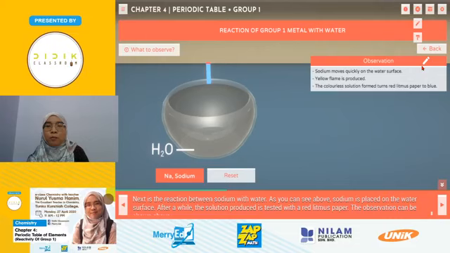And the solution formed turns red litmus paper to blue. So sodium reacts with water to produce an alkaline solution, which is sodium hydroxide.